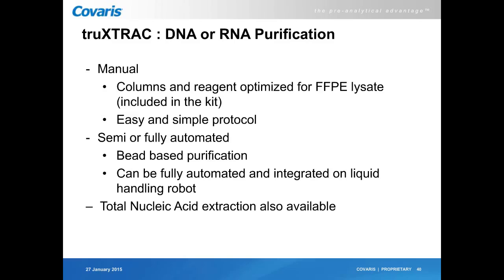It can also be semi or fully automated. We are partnering with a company that has developed a completely automated solution. It's bead-based purification. And you have different levels of automation, either semi-automated up to 12 samples at a time, or fully automated and integrated on a liquid handling robot. So again, depending on your need, many levels of customization.